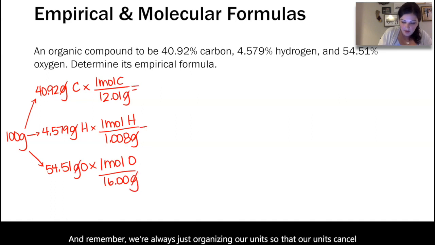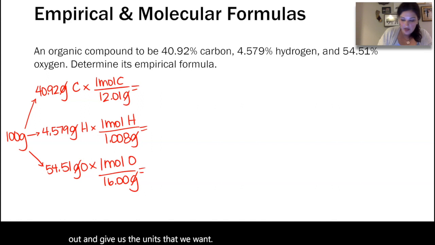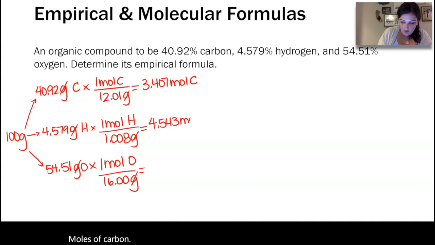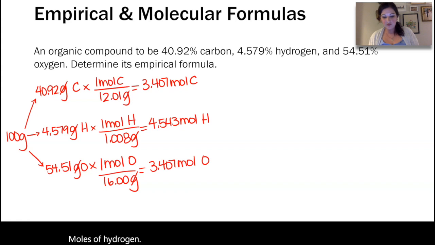Multiplying all these out, we get 3.407 moles of carbon, 4.543 moles of hydrogen, and 3.407 moles of oxygen.